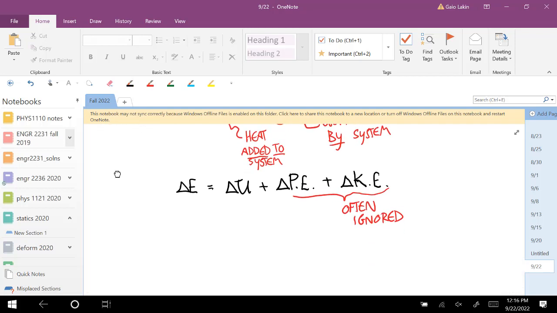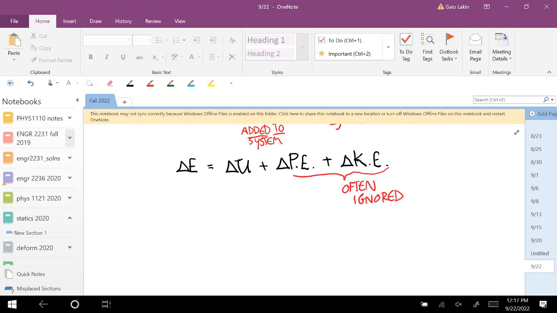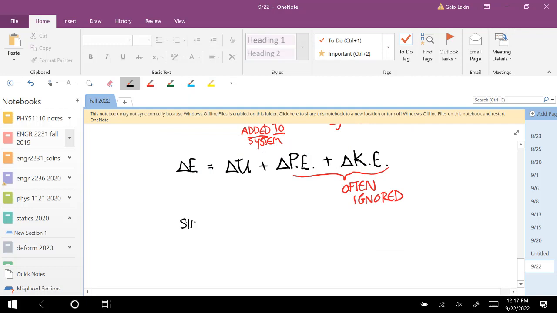So here are some simplifications we can make to this. The first one is if this is steady state, then the change in energy is equal to 0.